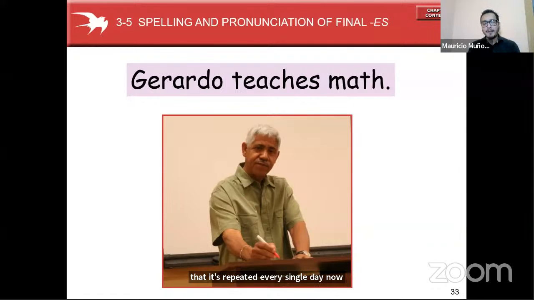Now, the thing you see on your screen, the sentence, Gerardo teaches math. This is the present simple, and it's focused on the third person spelling rule. When we're talking about the third person, that means he, she, or it.